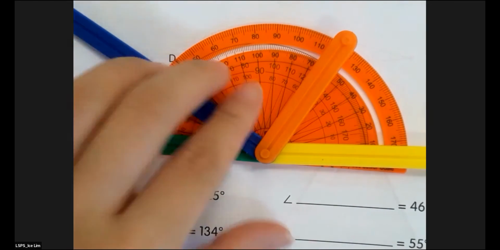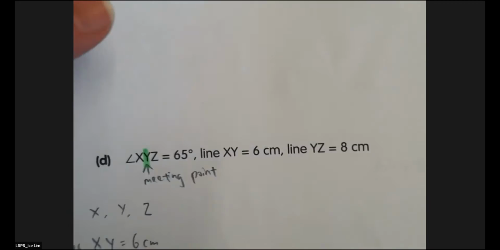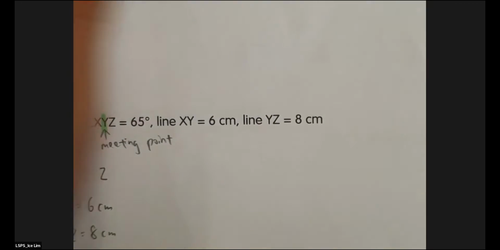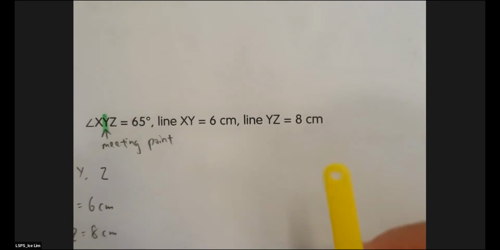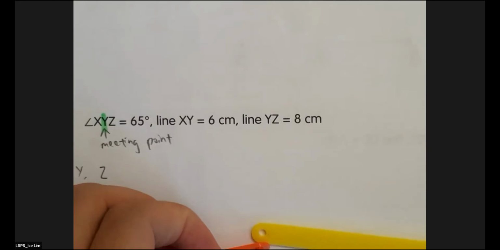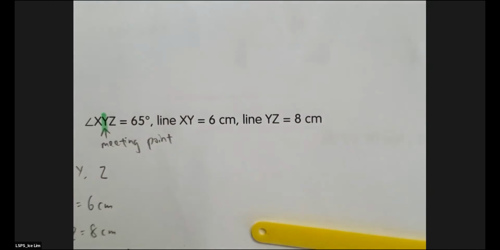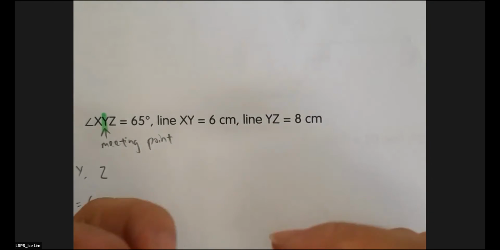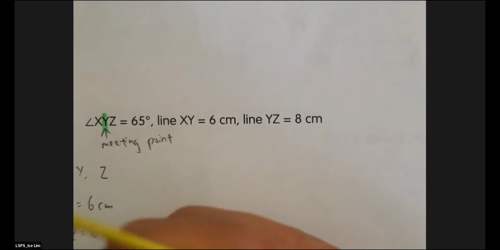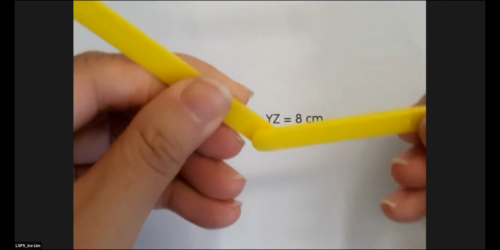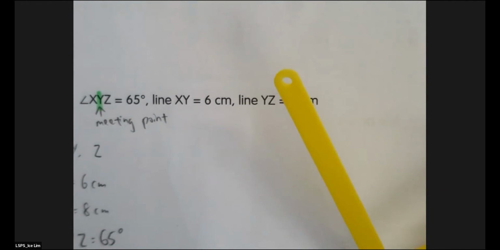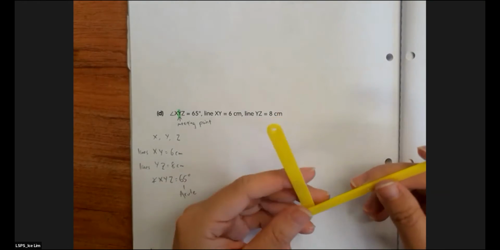So back to here. If I were to use the one that I gave you, this one works as well. This is a lion. But this one is good also because you can press on it and join it like this. So let's say I'm using this and I find XYZ is 65.